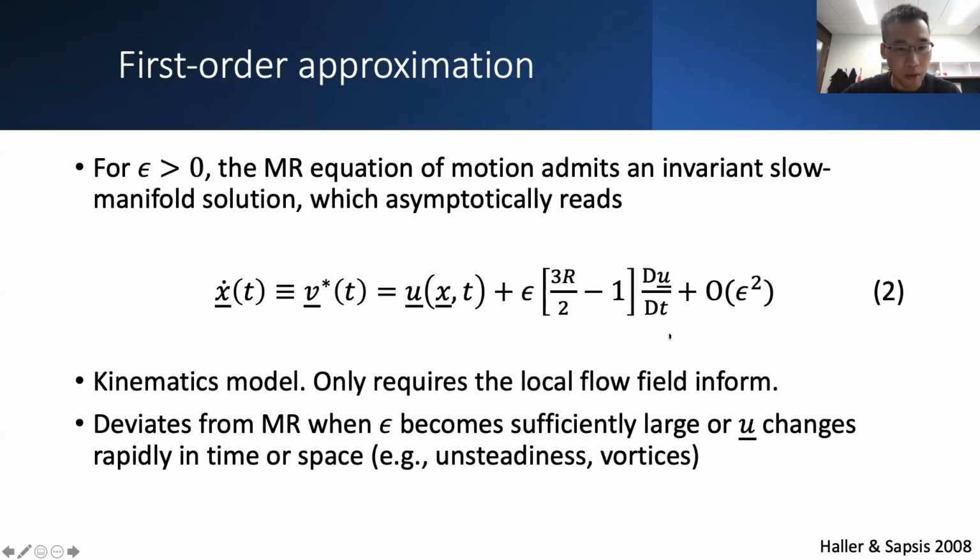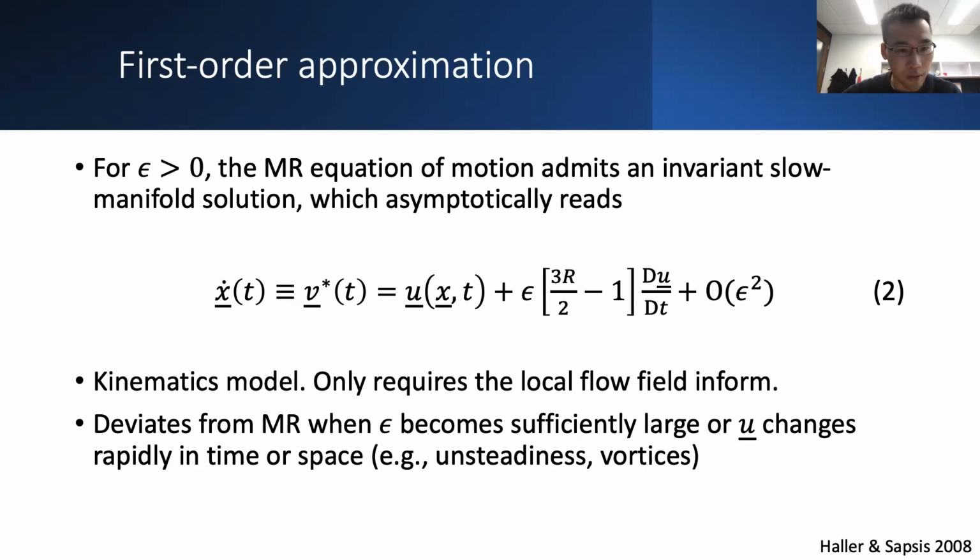So compared to the MR equation, it is obviously a much simpler equation that is essentially a kinematics model, because we don't have the second order terms anymore. So it only requires a local flow field.